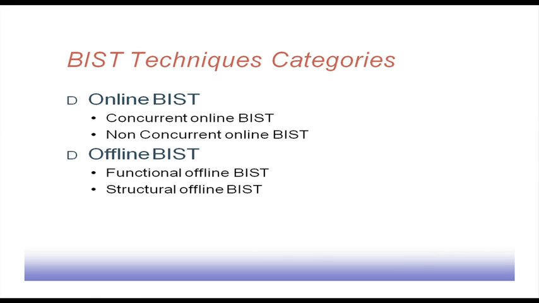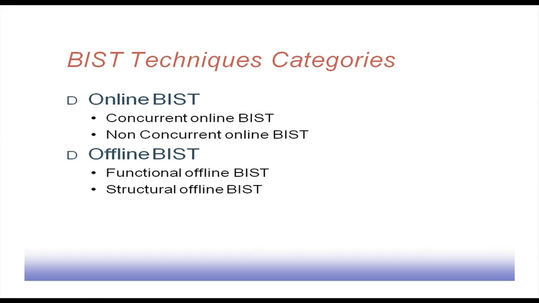In non-concurrent online BIST, we put the system in idle mode, and instead of applying normal input, we apply test inputs, which are evaluated by the system, and the responses are compared. So, this is online BIST.